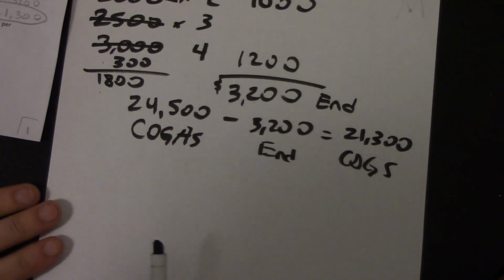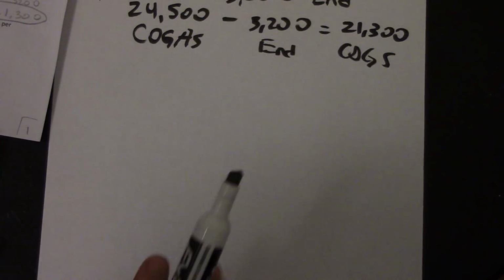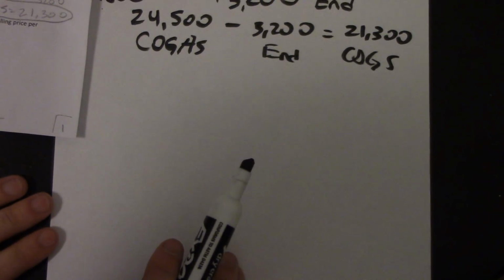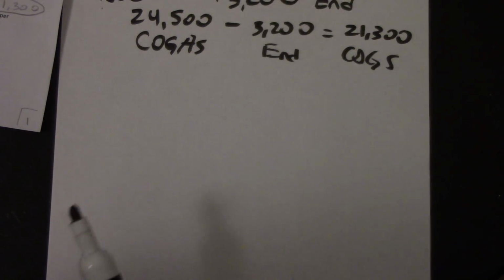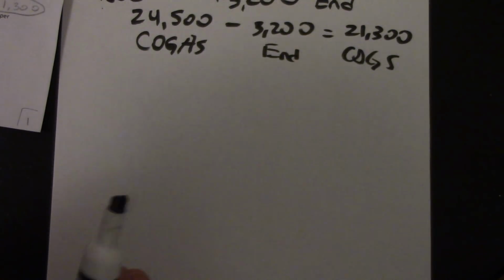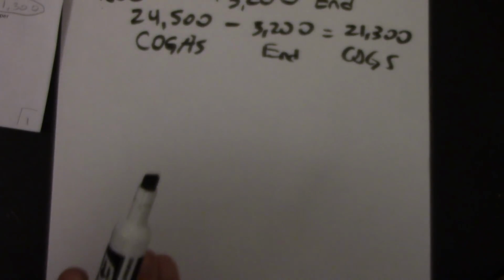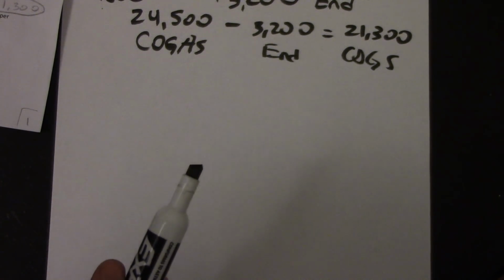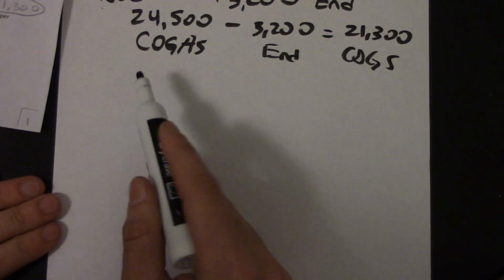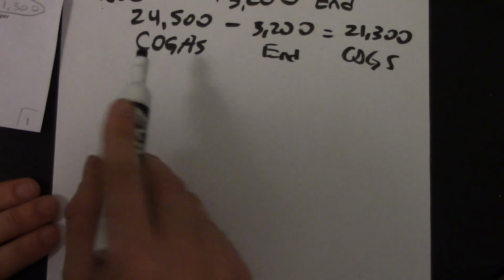Okay, and now we can move on to average periodic. When we're doing average inventory methods, we always have to figure out the average unit cost. Hopefully that will become clear once we do it. So we'll start with average periodic.